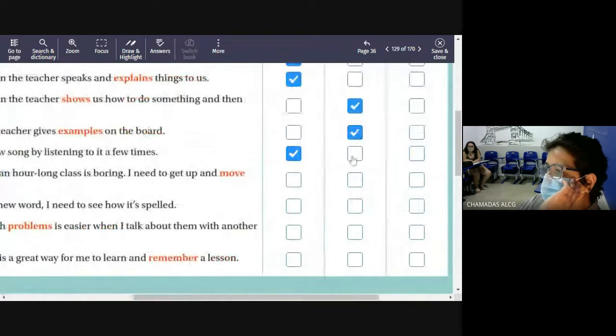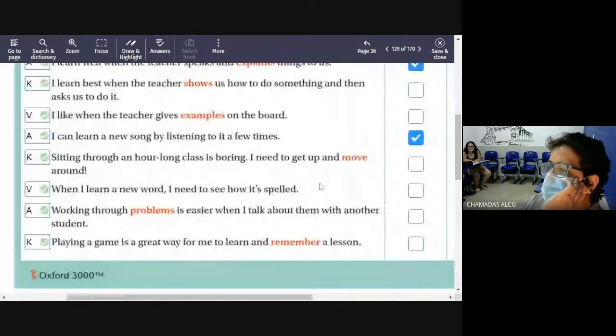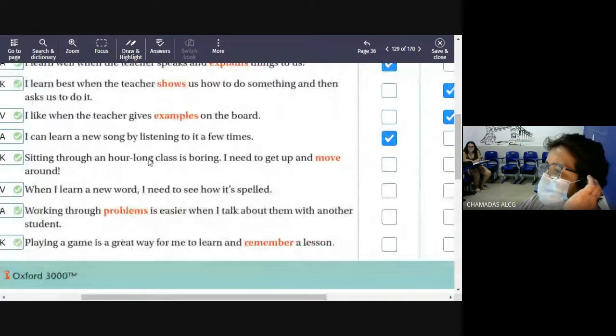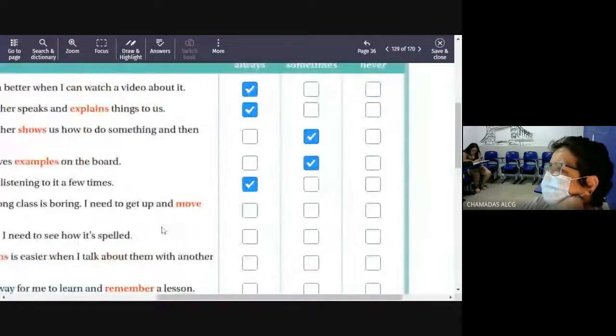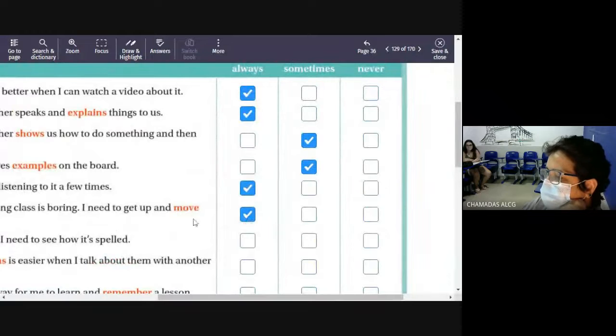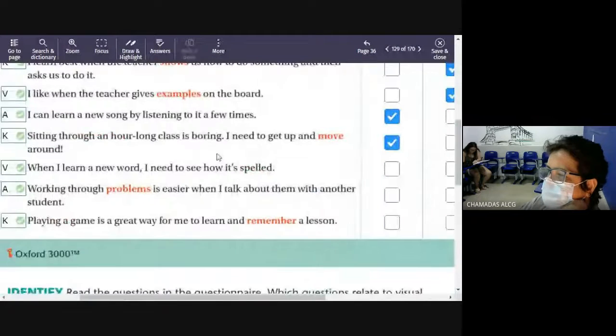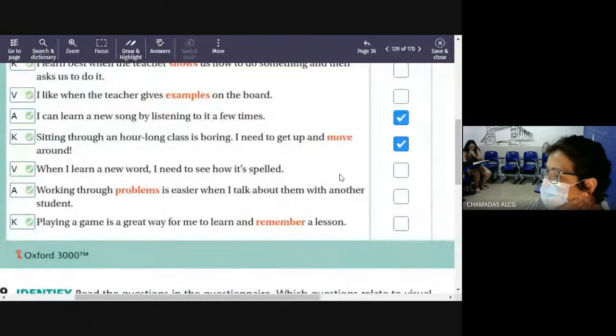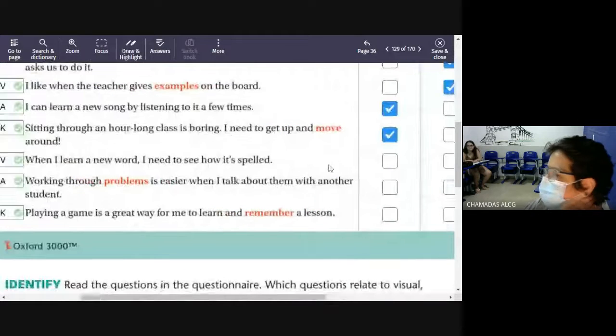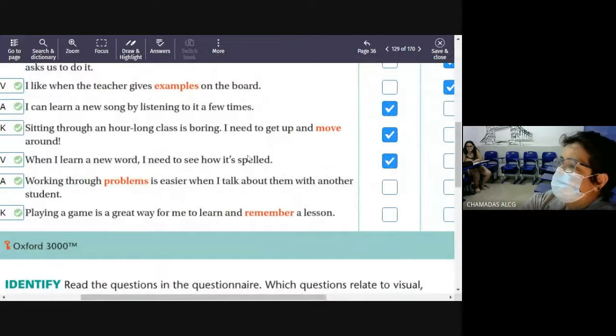So, all right. Sitting through an hour-long class is boring. I need to get up and move around. So always, okay. When I learn a new word, I need to see how it's spelled. Yes? You think it's necessary? Yes.